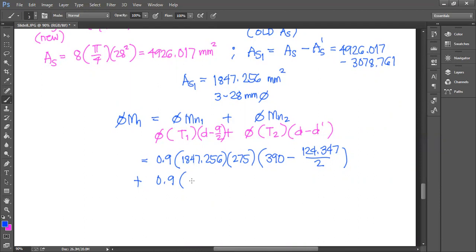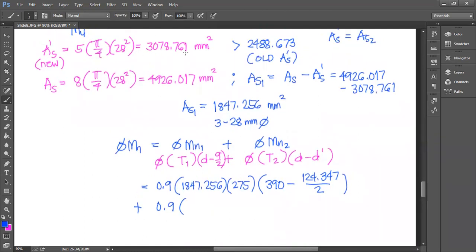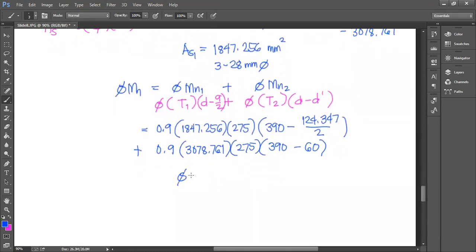Okay. So T2, meron tayong 5 28 mm. So meron tayong 3078.761 multiplied by 275 multiplied by 390 minus 60. So yung φMn natin na total is now equal to 0.9 times.